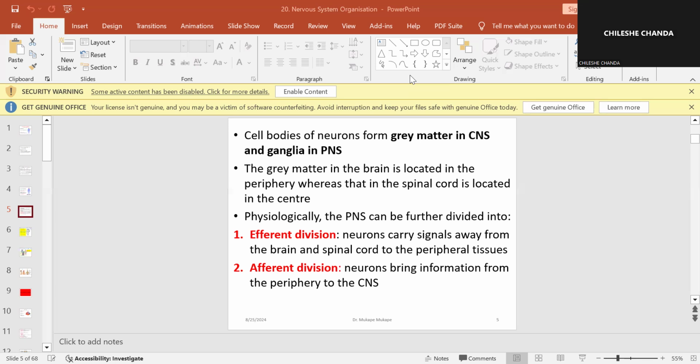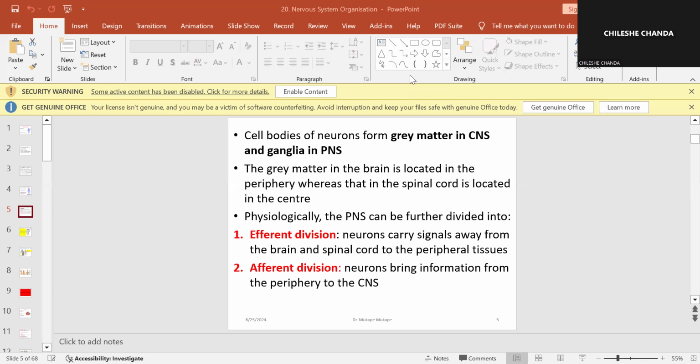And then we have the efferent neurons, which may also be referred to as motor neurons. These are the ones that carry impulses from the brain to the peripheral tissues, to what are known as the effector organs, the organs that are going to do something about the impulse that has come. For example, the muscles and the glands are effector organs.